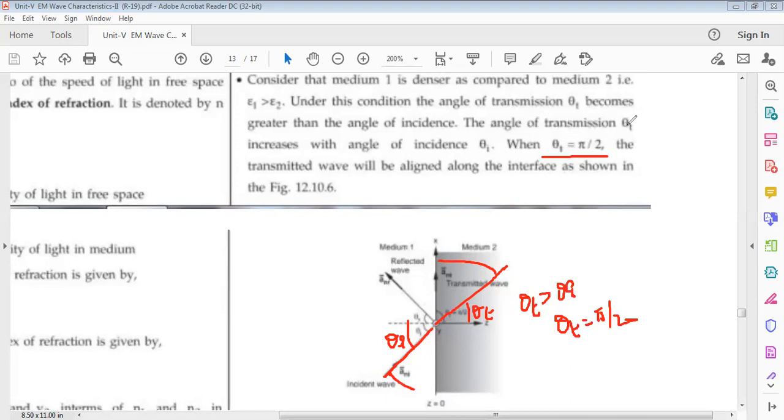The angle of transmission theta t increases with the angle of incidence theta i, where theta t is equal to pi by 2, and the transmitted wave will be aligned along the interface as shown in the figure. Okay, it becomes 90 degrees.